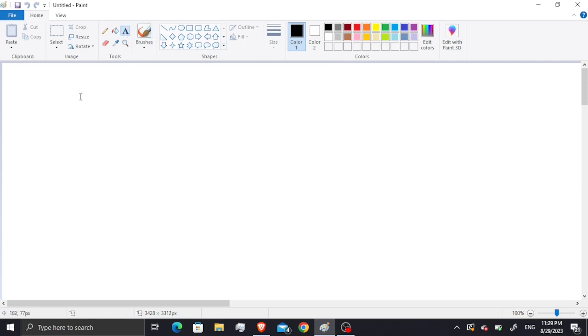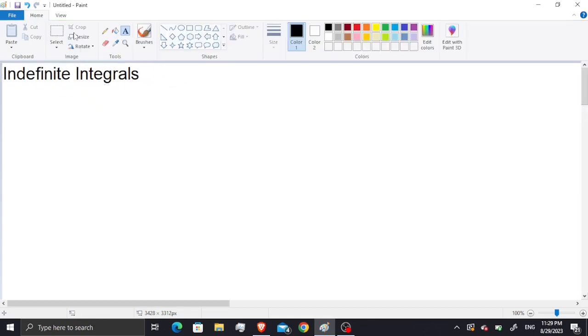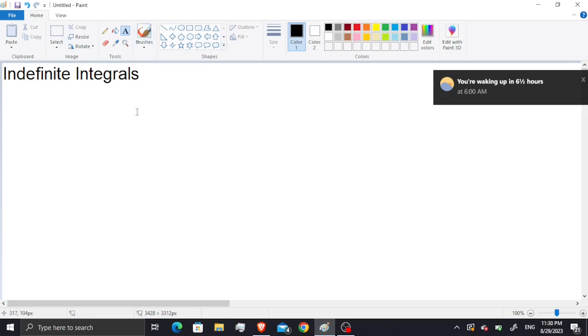Now, anyway, to start this off, we'll look at a specific type of integral, okay? Indefinite integrals. When you learn integral calculus, you'll learn that there are two types of integrals: indefinite integrals and definite integrals.